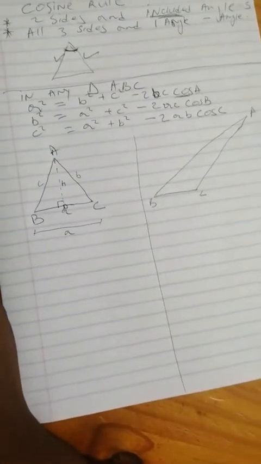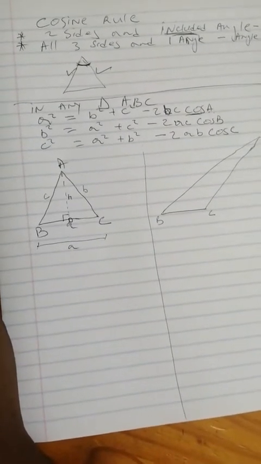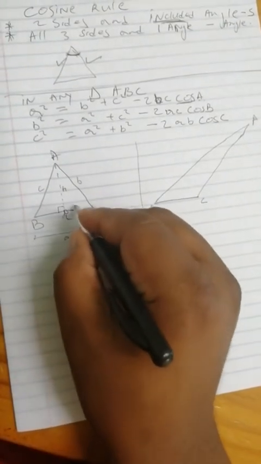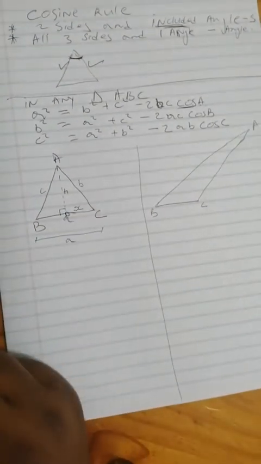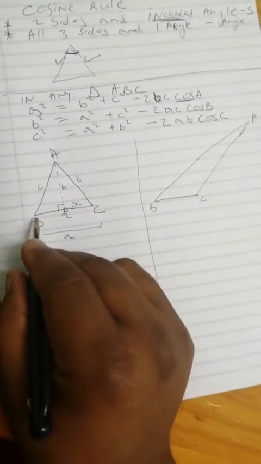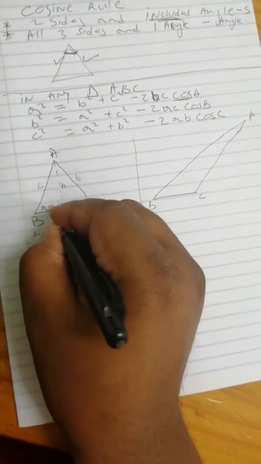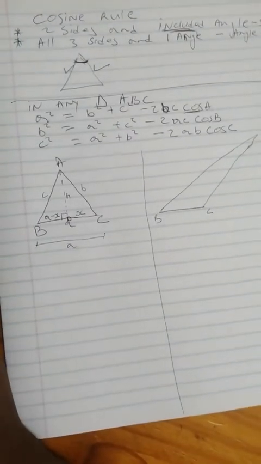If I name DC to be x, it means BD will be a minus x. Do you agree with me?